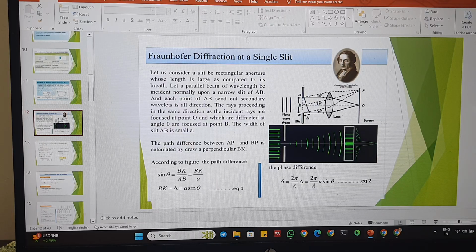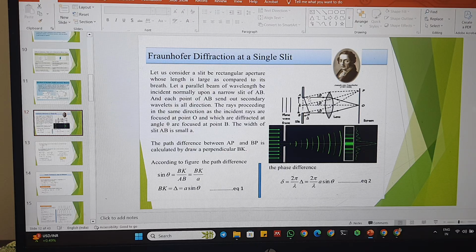First, coming to Fraunhofer diffraction at a single slit, here we can observe the diagram. A and capital B are the edges of the slit, and between the edges there is a slit, that is the width of the slit.